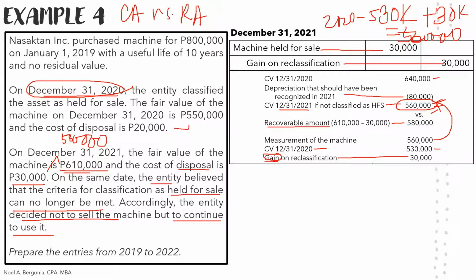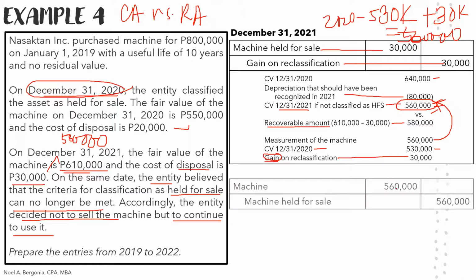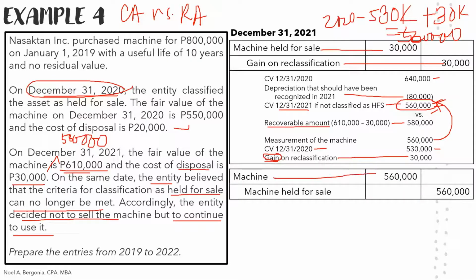Okay? And then after that, ma-recognize mo yung gain on reclassification, then you are now ready to transfer it in its original classification na PPE. Okay? So debit na tayo ng machine, which should be 560,000 based on our concept of valuing it, under kaninang binasa natin na it should be the lower between the carrying amount and the recoverable amount.